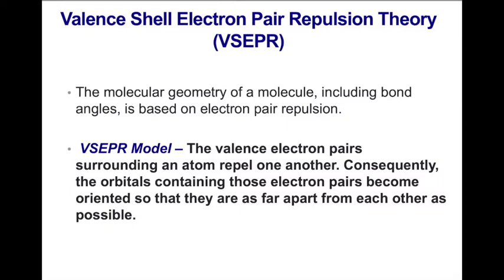So the idea behind VSEPR comes up in this name, valence shell electron pair. So we're looking at those electrons that are on the outermost part of the atoms, and then they are being shared between 2 atoms when they're creating a bond.